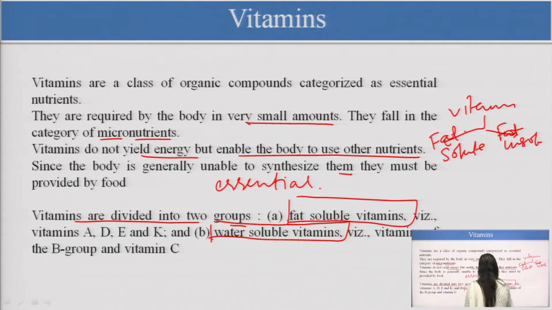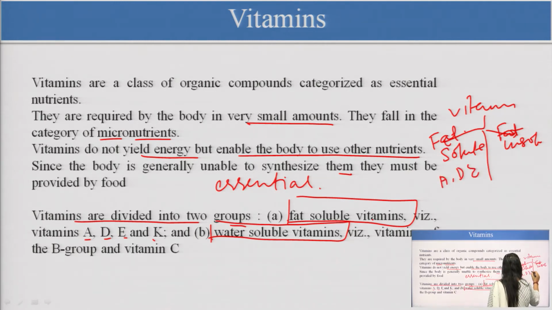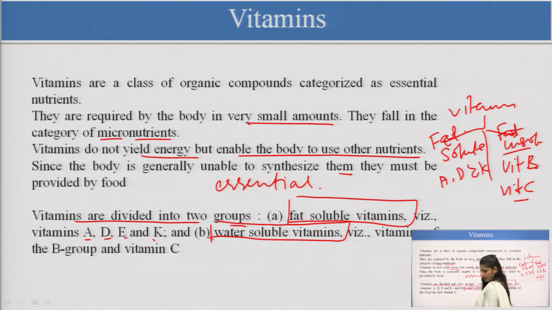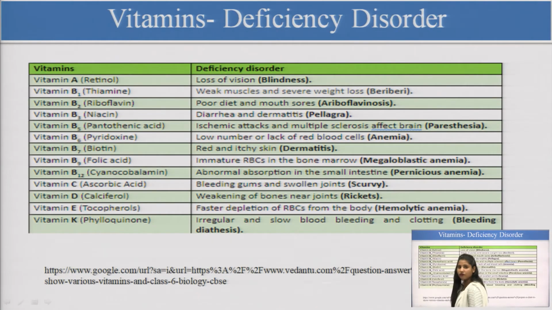In fat soluble we have A, D, E and K, whereas under water soluble vitamins we put all of the vitamin B group and vitamin C. This is the intro part of the vitamins.